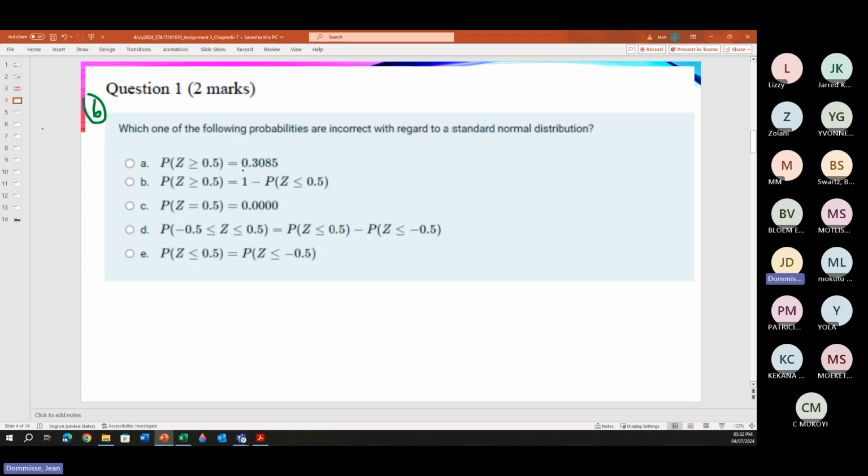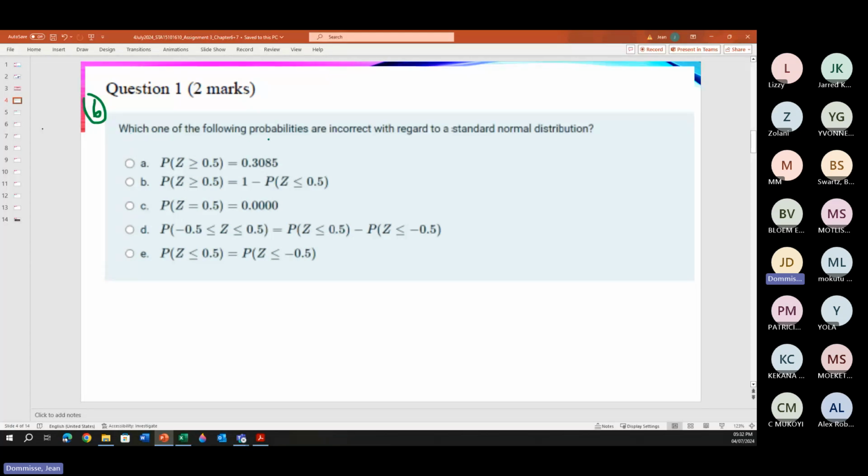Some of it we will need to look at the definitions, because that is something we need to look at. Also, for most of them I am going to try to show you on sketches how we will do it. So let's look at the first question.